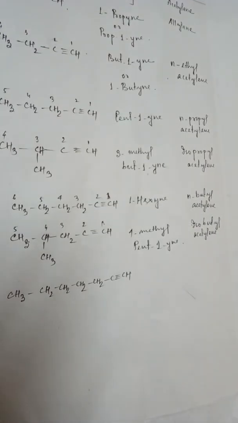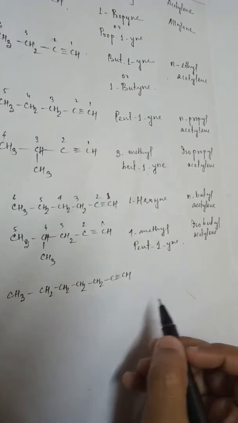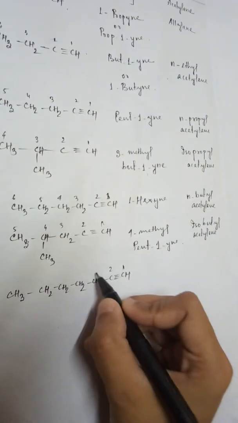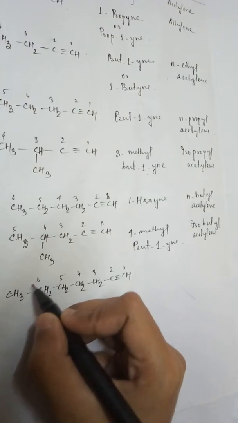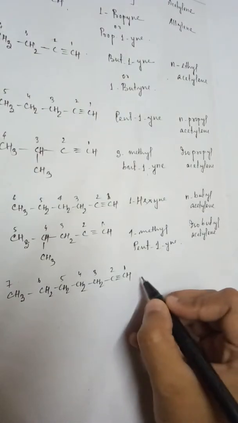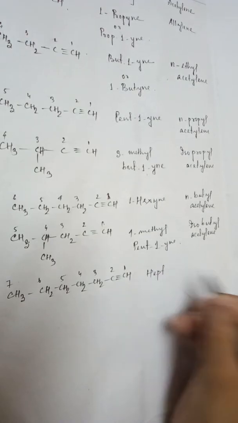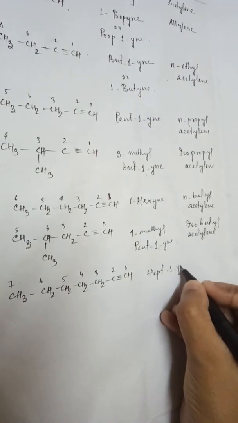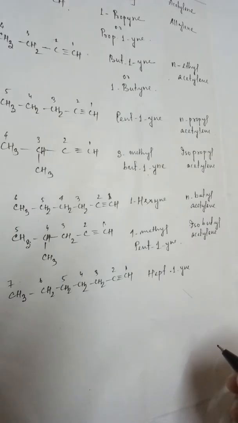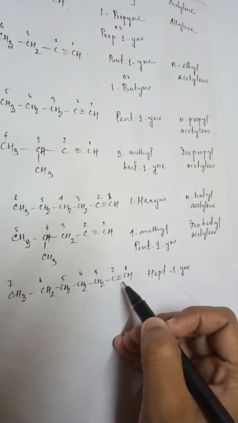Now come to the next example. Here you can see the total number of carbon atoms is 7, and the triple bond starts from 1. So 7 carbon atoms, root name hept, then 1, then yne. Now the common name. Again, this is the acetylene portion.